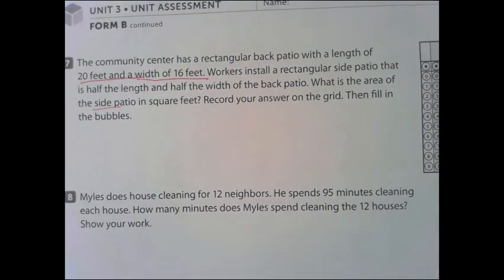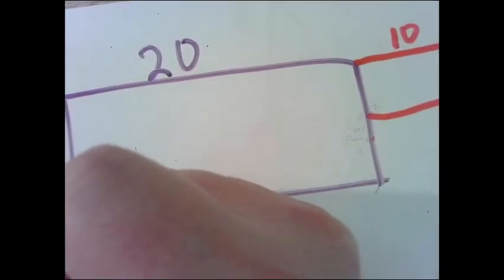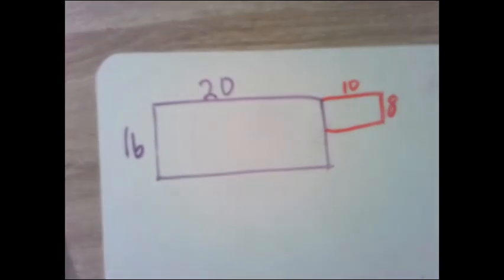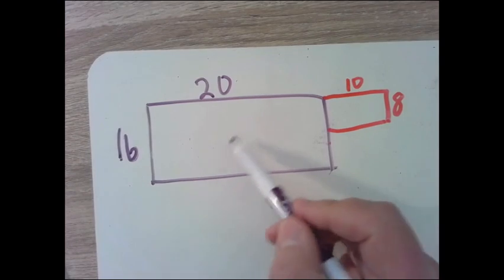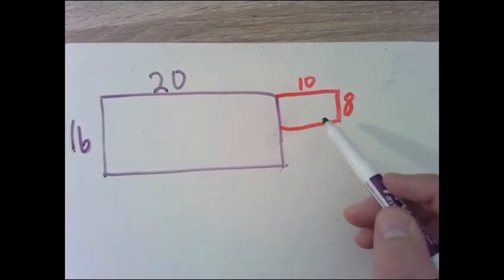Okay, so I drew a picture to help us with that. So zoom it out. Here's the back patio. It was 16 by 20, and we don't need to know the area of that. But here's the side patio, and I drew it just off to the side. Makes sense, right?